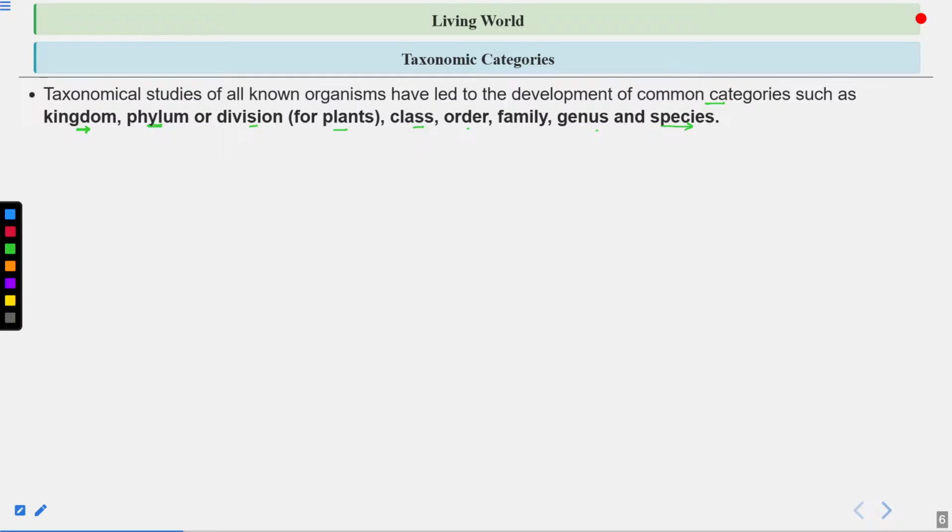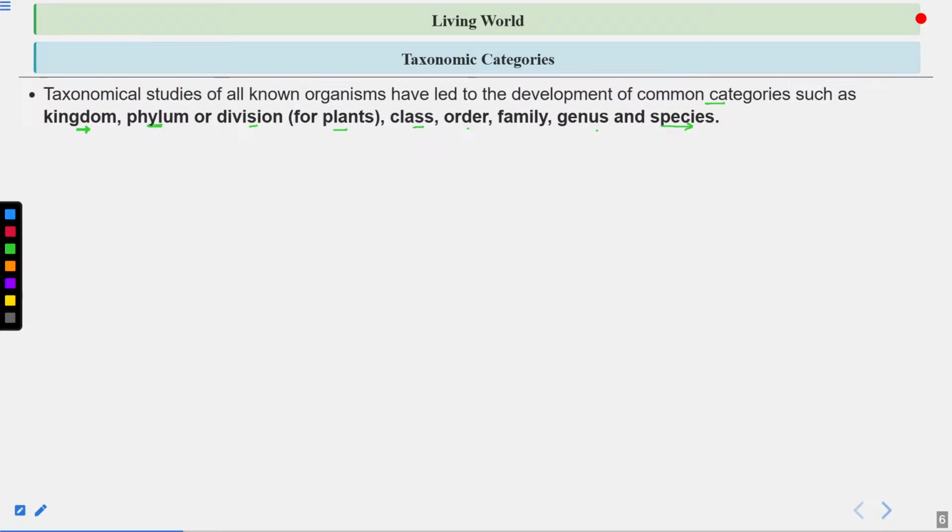So species is quite specific, and the number of similarities at the species level, which is the lowest most taxon, is maximum. Kingdom is a very broad category. Like kingdom Animalia includes all the animals, chordates, non-chordates, lower organisms, higher animals.